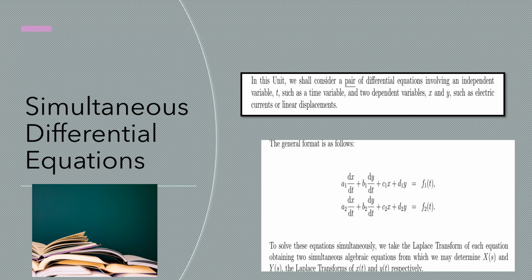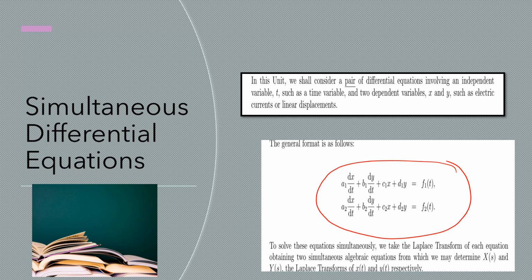Now, when you solve a simultaneous differential equation, we may have equations of this form which are given here. Say, equations in terms of dx by dt and dy by dt, or even second order or third order derivatives, with constants a1, b1, c1, d1, etc. as absolute constants, and t as the independent variable.